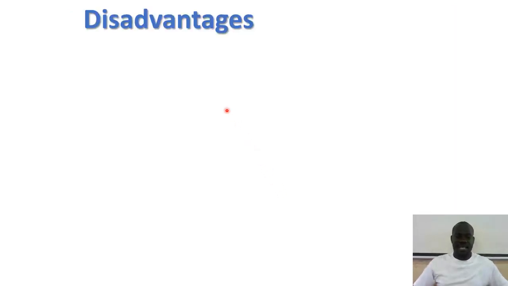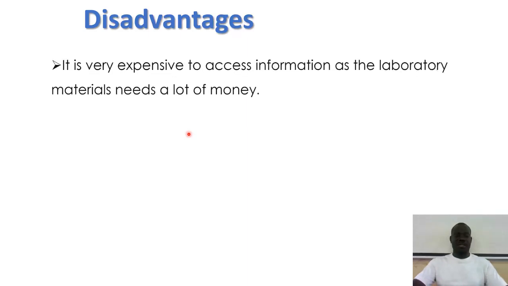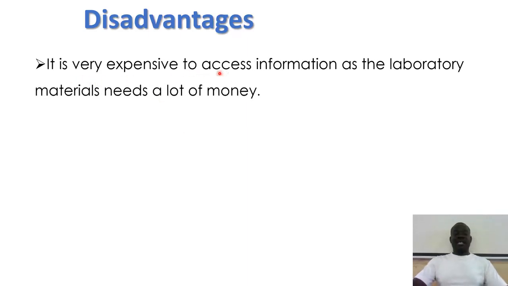But what are the disadvantages of the archaeological sources of history? It is very expensive to access information as the laboratory materials need a lot of money. We're talking of carbon-14. When you find an artifact, it has to go to the laboratory.